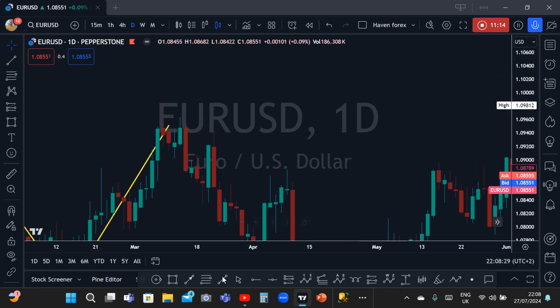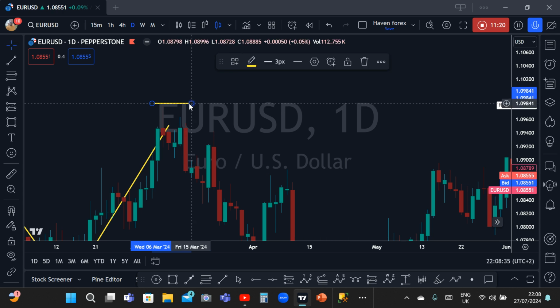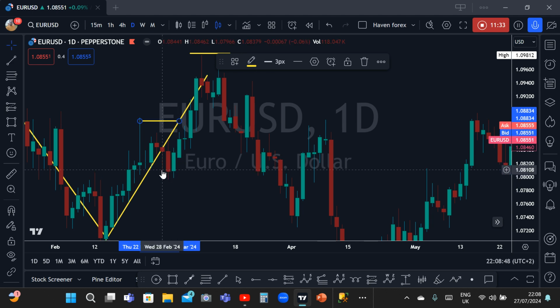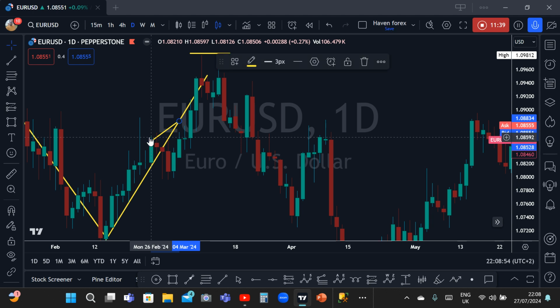This is the structure. When you're talking about structure, this is the high. So this guy here is supposed to break above this, just like this guy here, what he did. This is the high. Then when there was a retracement here, that is not the actual candle, right?